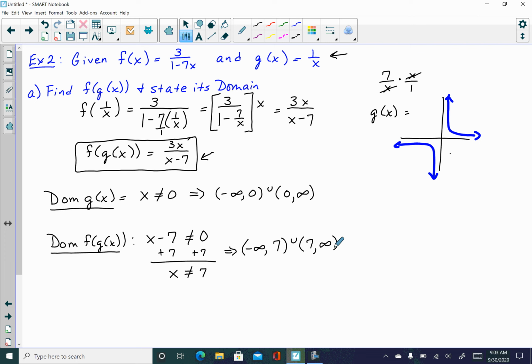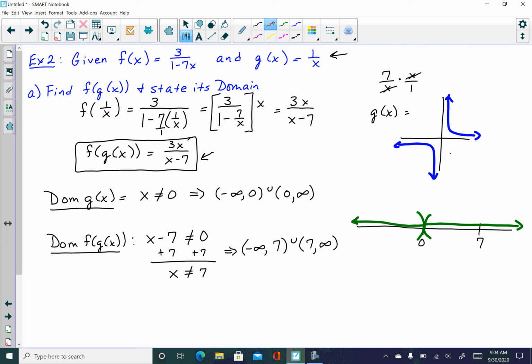So now from here, I'm going to put this on a number line for you. Wherever these two overlap, that is your overall domain. We know we've got a problem here at 0 and at 7. So I'm going to use two different colors here. At 0, we can equal anything but 0, so I've got parentheses on either side of 0, shading both ways.